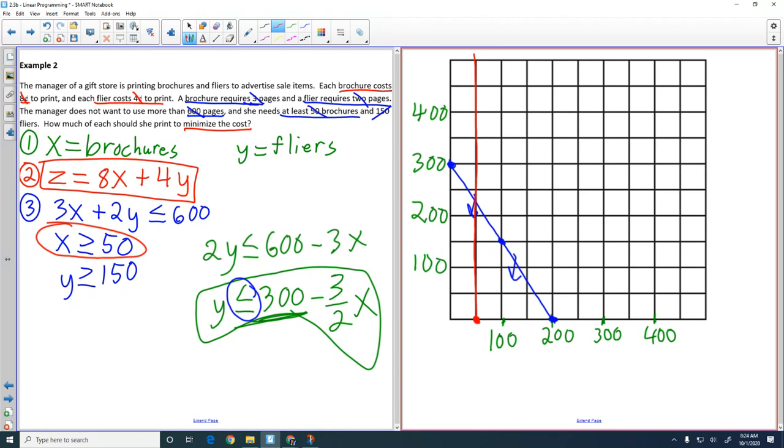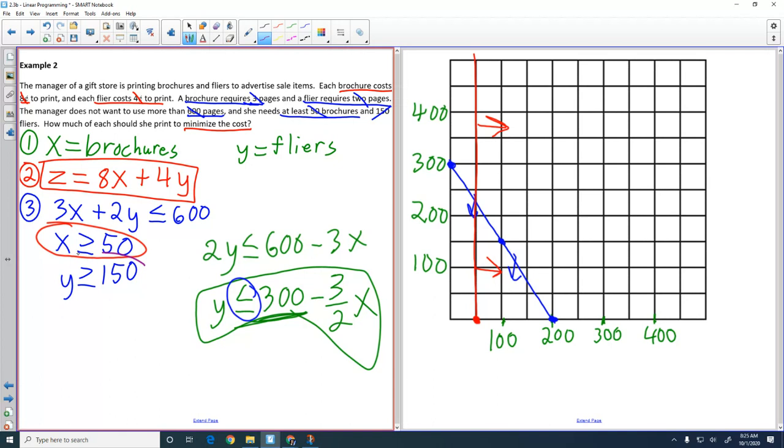And it says X is greater than or equal to 50. So is that to the right or to the left of this line? To the right, greater than. Numbers bigger than 50 are to the right. So like that's where things are greater than.